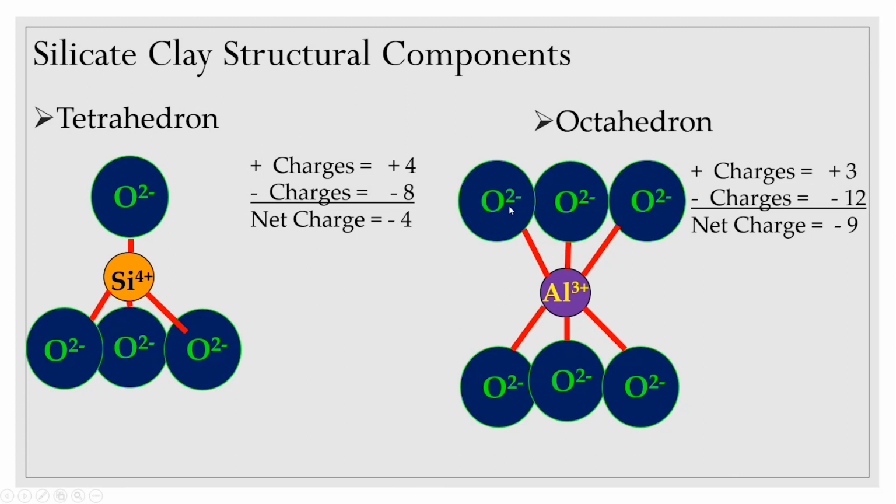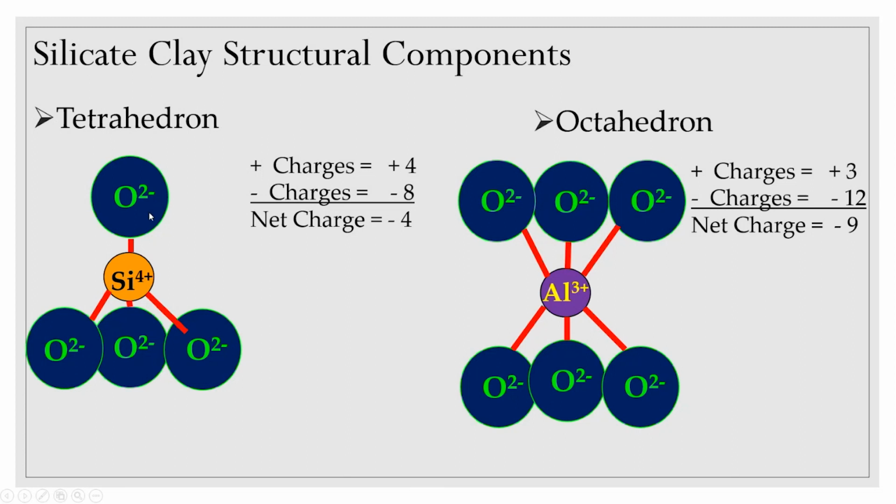For our octahedron, again, we have our oxygens that have a charge of -2. We have 6 of those, so our negative charges are -12. Our aluminum is +3, so positive charges are +3. The overall net charge on this octahedron is -9.